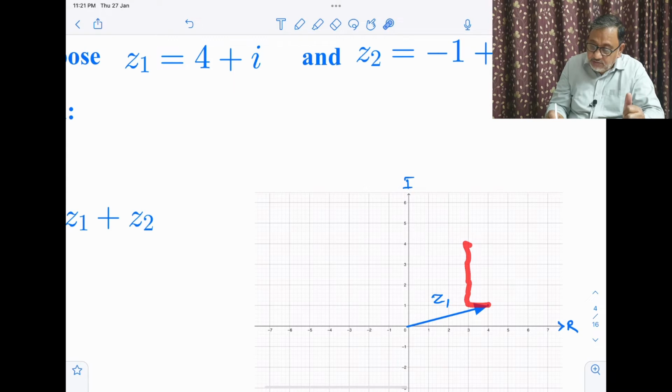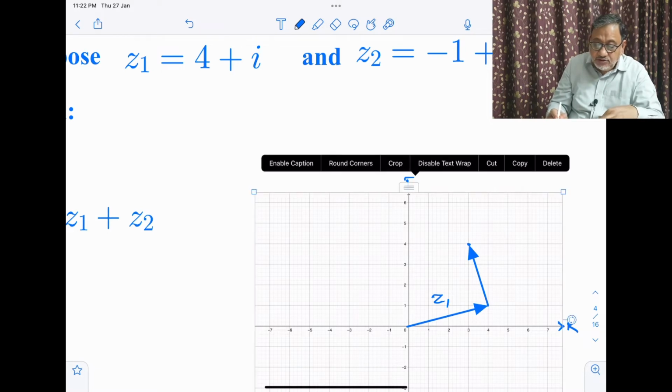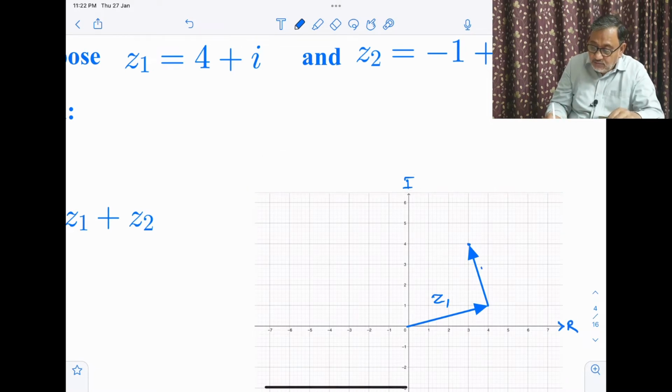It will come at this point. So I'll draw the arrow. Yeah. This will be your second complex number Z2.